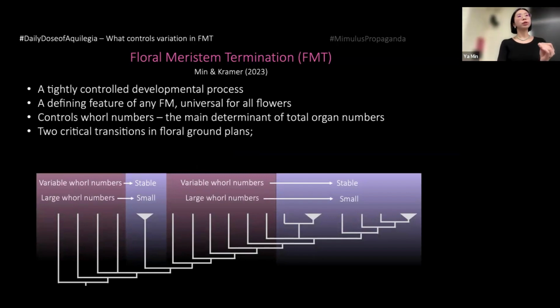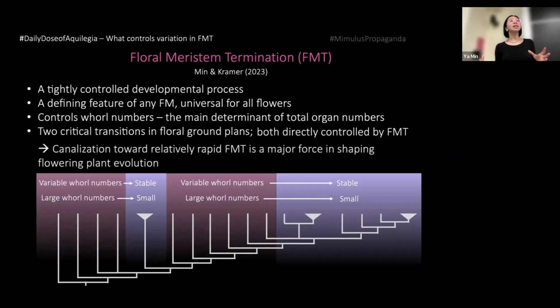Both of these critical transitions are directly controlled by the termination process. In other words, canalization towards relatively rapid floral meristem termination is a major force in shaping flowering plant evolution. We simply cannot fully understand the evolution of flowering plants without understanding how the termination process is controlled, how variation is generated, and how this canalization is established.